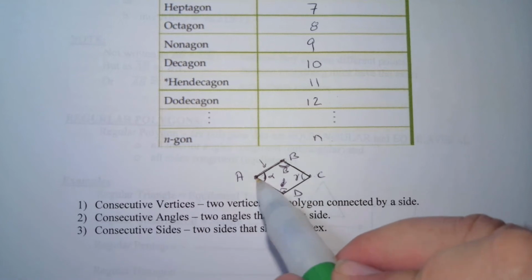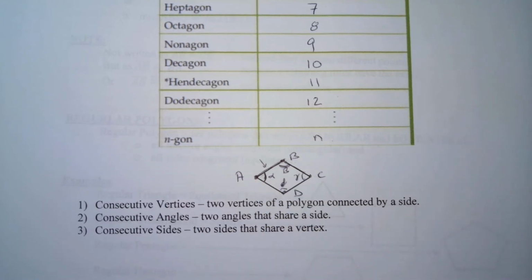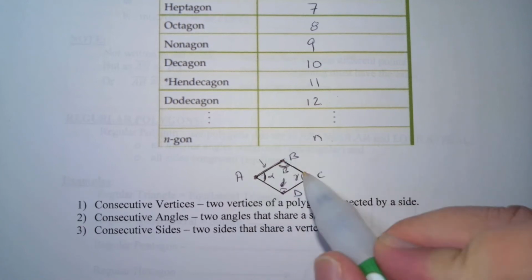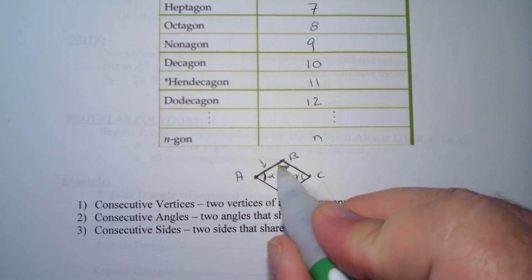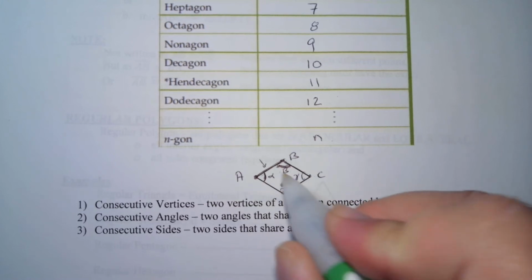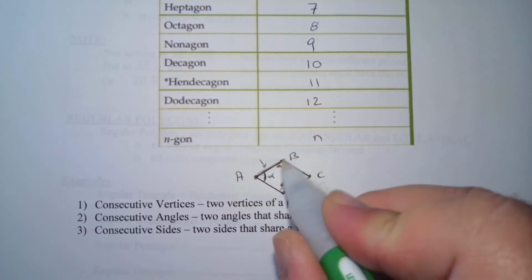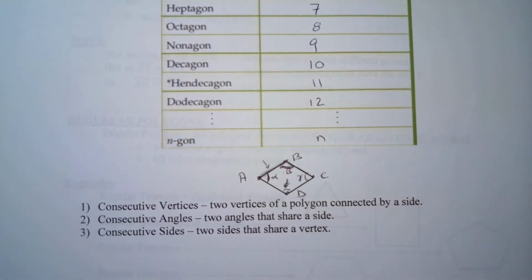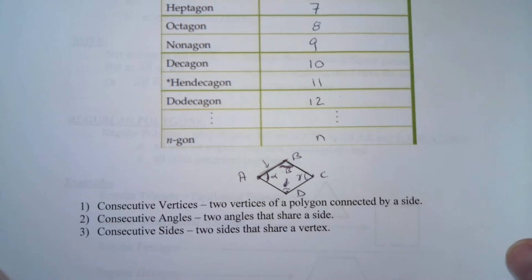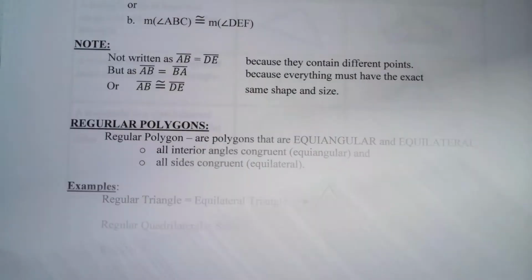Consecutive vertices share a side. Consecutive sides: this side and this side share an angle. You notice the angle has both ends touching a side. So two sides are consecutive if they share an angle. This is how we name and define geometric figures.